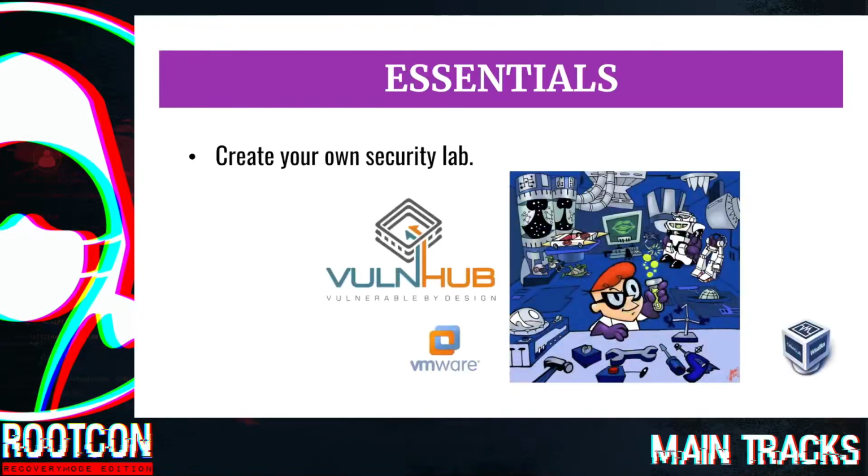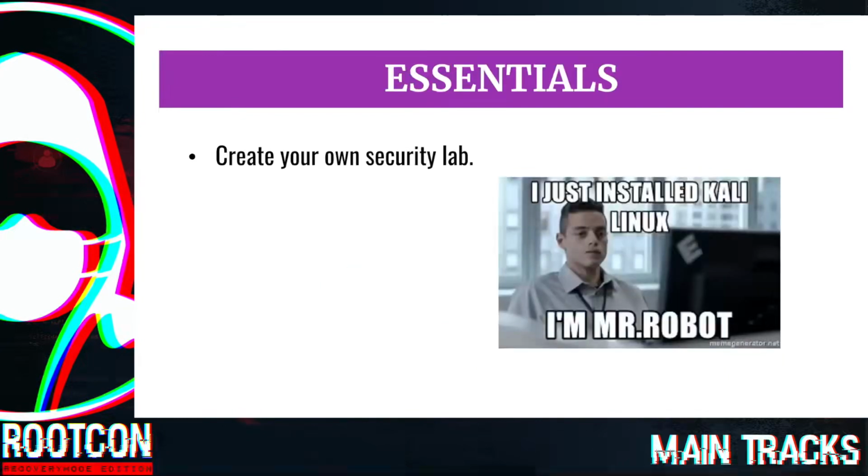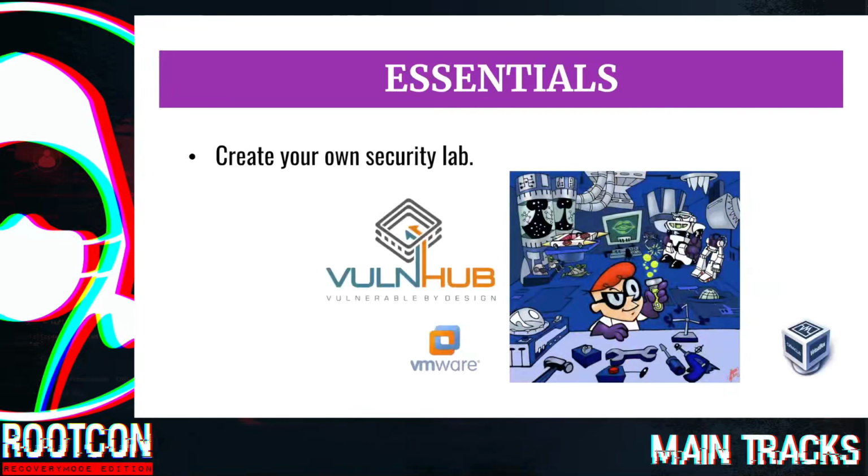For starters, you could download Kali Linux if you want, and then download some vulnerable by design virtual machines at Hub. You could install VMware or VirtualBox for your virtualization. So this is one of the essentials.